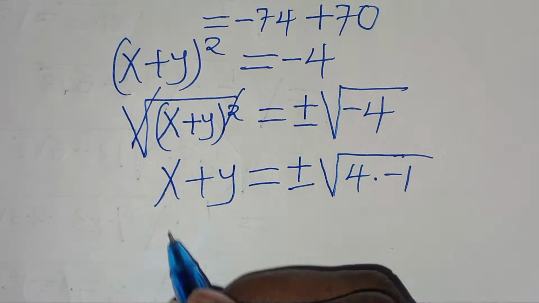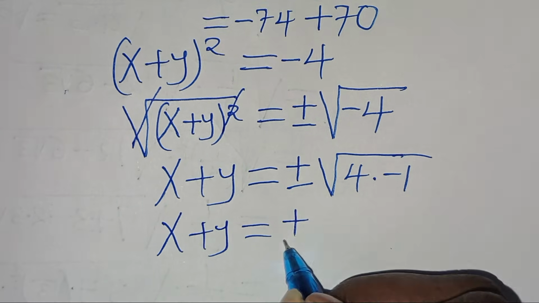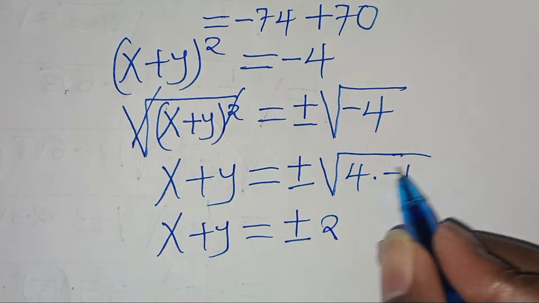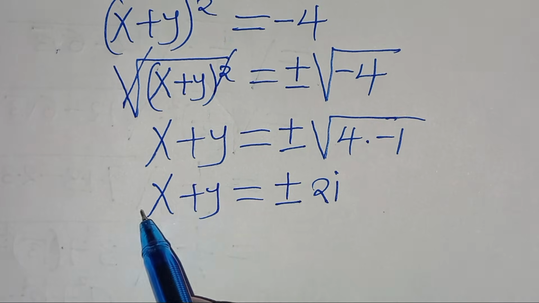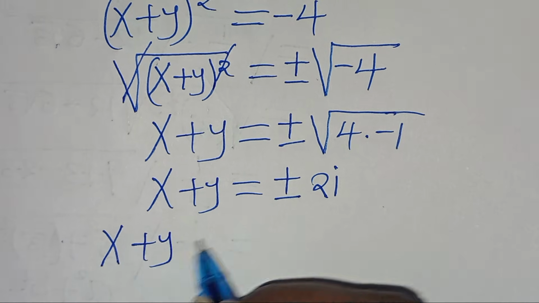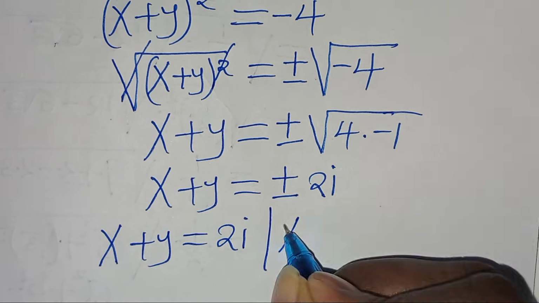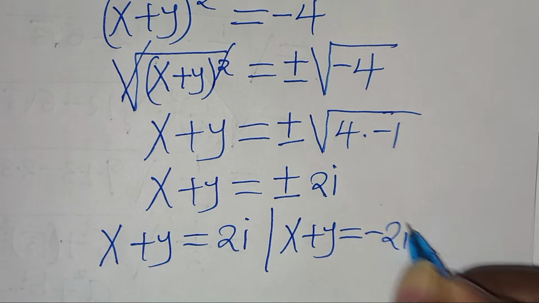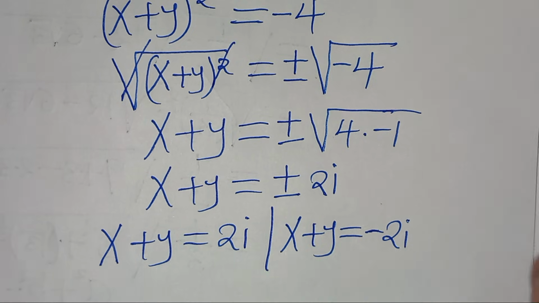And this implies that here, x plus y, this is equal to plus or minus the square root of 4, this is 2. Then square root of minus 1, this is i. So this means that again here we have two values of x plus y. We have that x plus y, this is equal to 2i, and then we have x plus y, this is equal to minus 2i. And this totals to 4 solutions for x plus y.